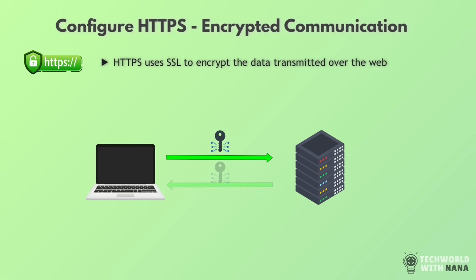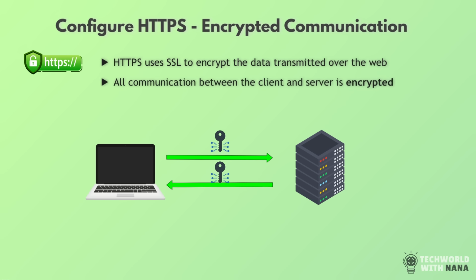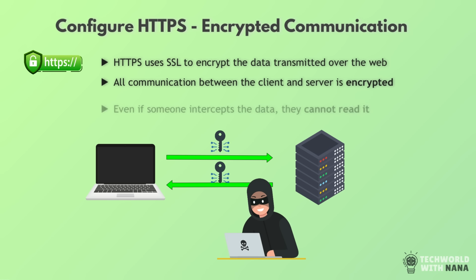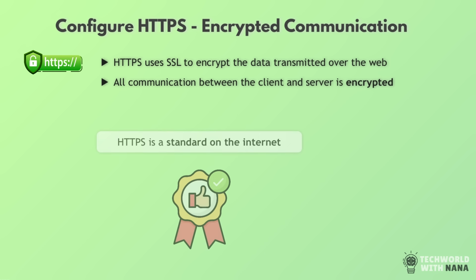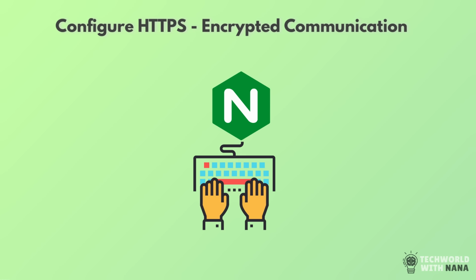So request and response can be exchanged between client and server much more securely, even if someone is sniffing the traffic and sitting in the middle and interfering with that traffic. So we want the encrypted traffic, which is pretty much a standard nowadays. And that's what we want to configure with our Nginx.